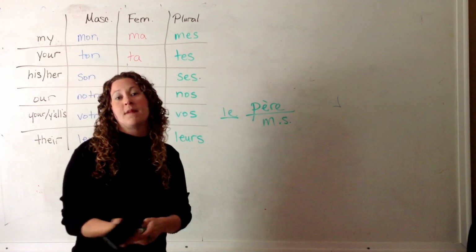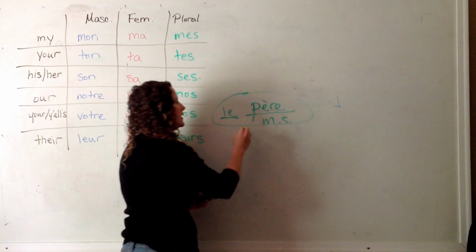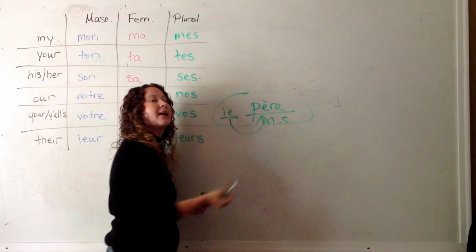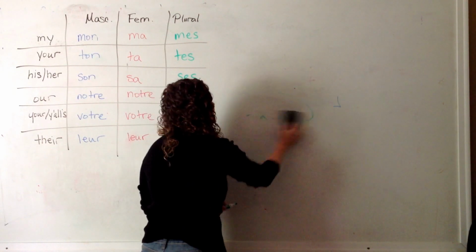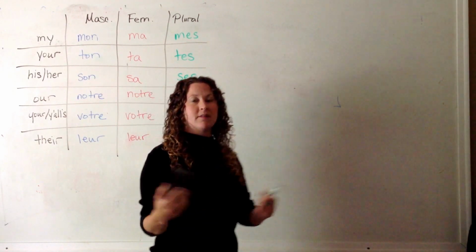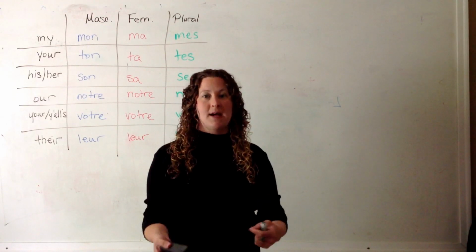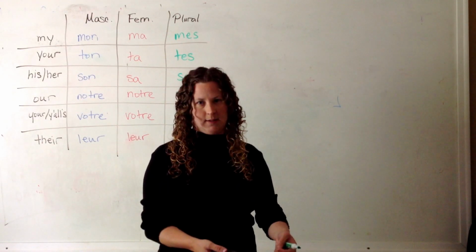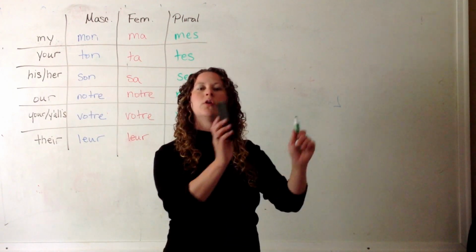Modifying just means the one that it's dealing with. So this is the adjective modifying that noun. Okay? So, doesn't matter who's, even if it's a girl's father, I would still use le because le is masculine and father is masculine. Doesn't matter that it's a girl or his daughter, it's le père.